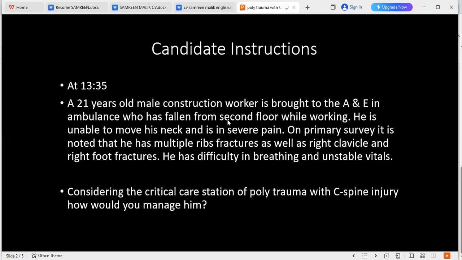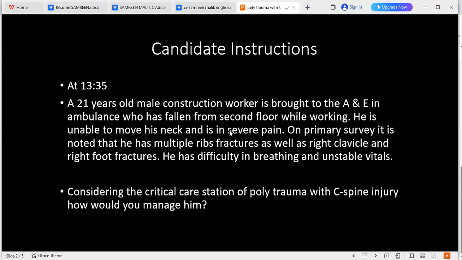Please tell me, how would you monitor the response of the patient? I will monitor the response of the patient by heart rate, pulse, urine output, level of consciousness, and capillary fill time as well.